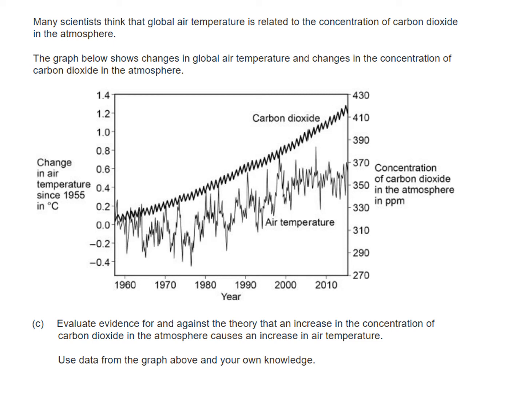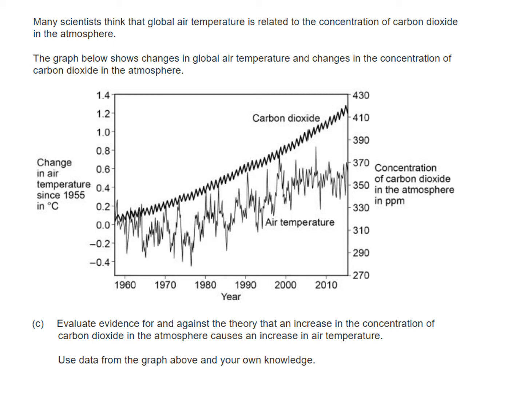I'm going to start off by looking at general trends. If I had to smooth the lines out, pretend it was one smooth line instead of lots of jagged lines, what is the general pattern across there? Well, overall, it goes up, doesn't it? Whether we're talking about the change in air temperature or the change in carbon dioxide.